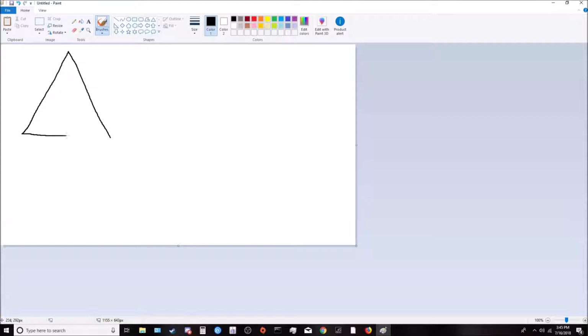The first part of this proof is to set up an equilateral triangle, where all of these sides are equal to some side length. Let's call that length C. These are all side length C, and all of these angles are going to be 60 degrees, since they have to add up to 180.